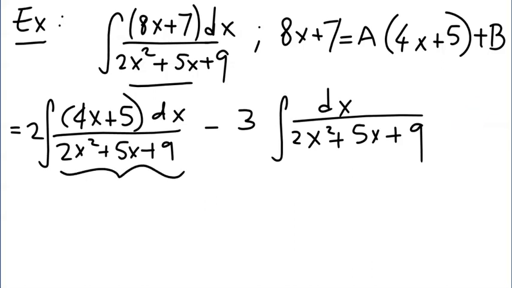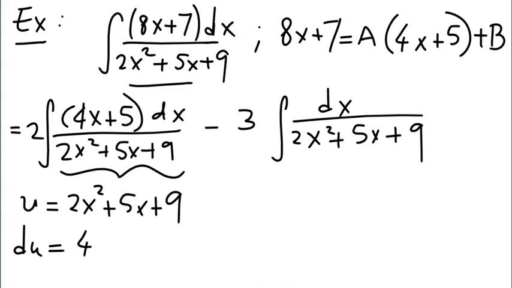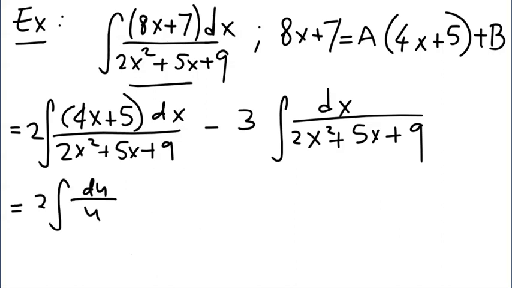As we explained before, if you let the denominator of the integrand of the first integral be the variable u, then you simply get du equals 4x plus 5 dx, which is exactly what is appearing there.